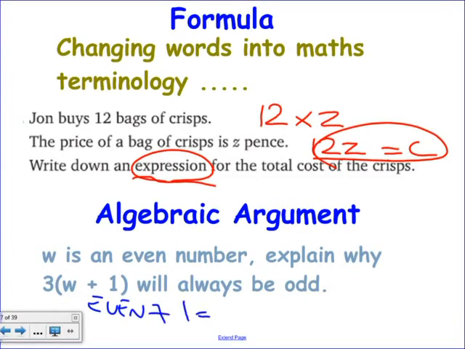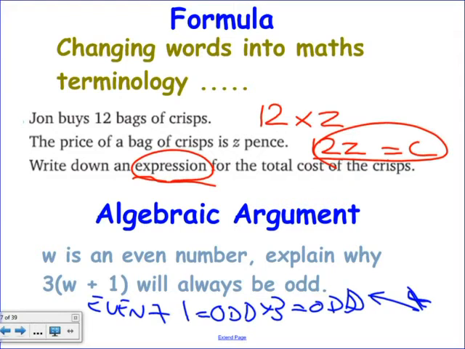Odd. Yeah? An odd number times 3 is always, do it in your head, 3 times 3, 5 times 3. Yeah? Odd. That is winning the argument. Okay?